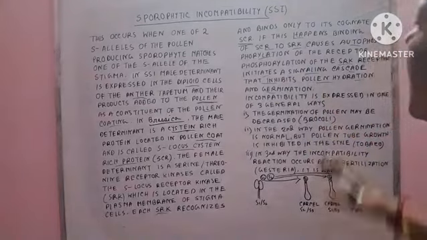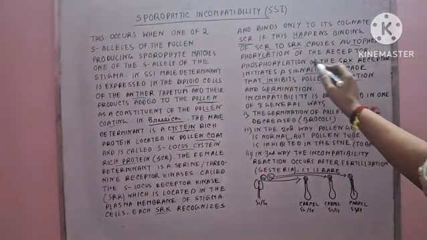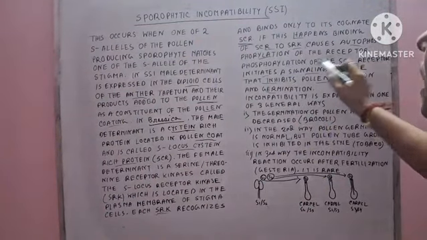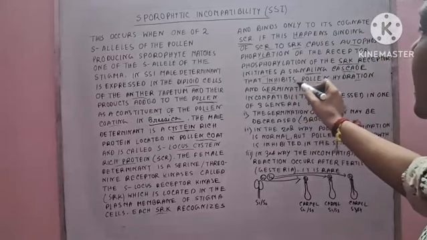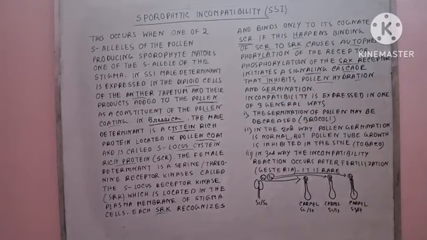So what it is saying is that phosphorylation of the SRK receptor initiates the signaling cascade that inhibits pollen hydration and germination.